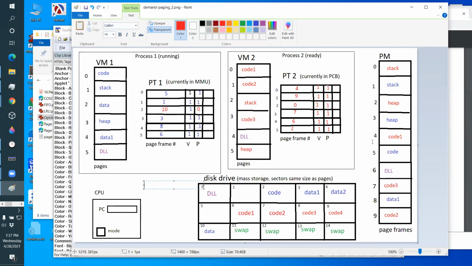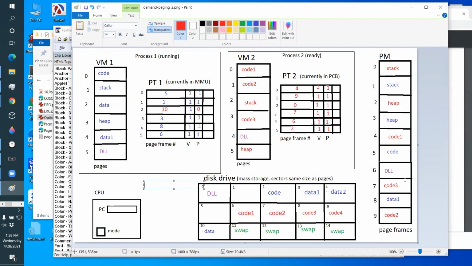Should the red process only use least recently used on its own frames, or should the operating system do least recently used on all the frames? Should it kick out the red process's least recently used frame, or anybody's least recently used frame? Different operating systems take different points of view on that.